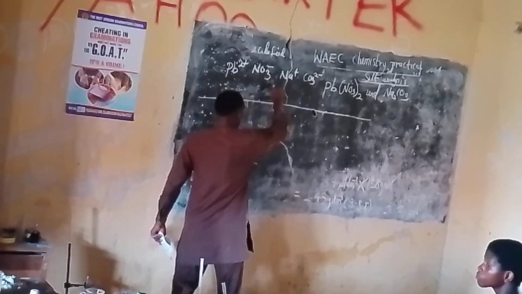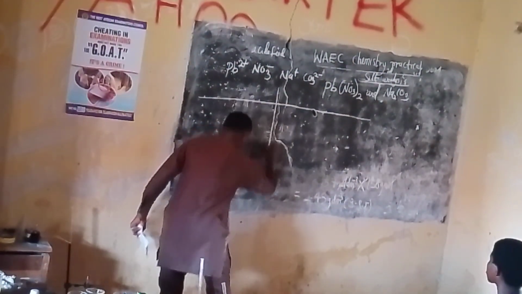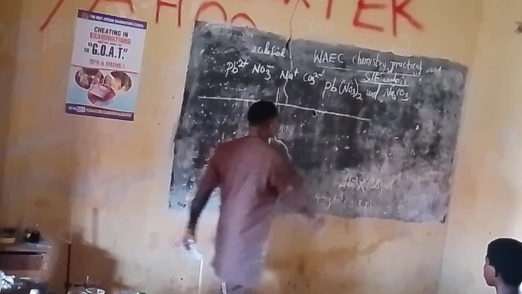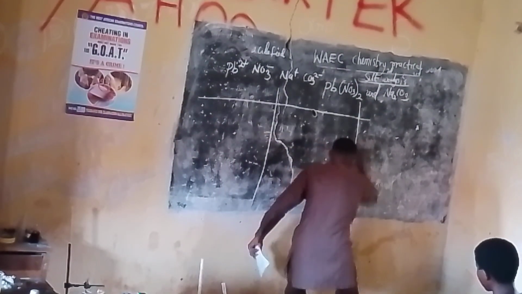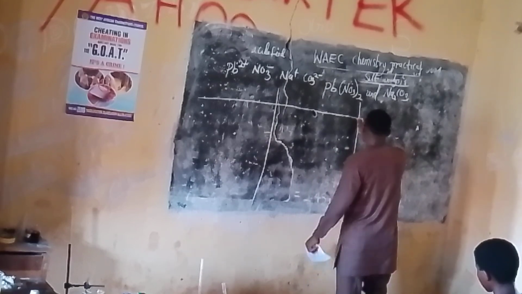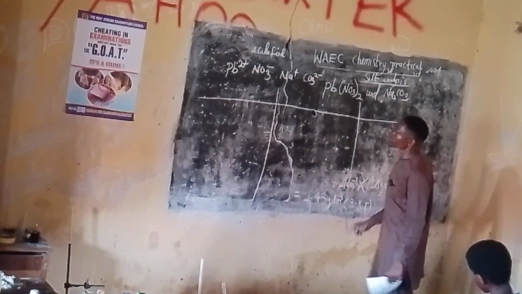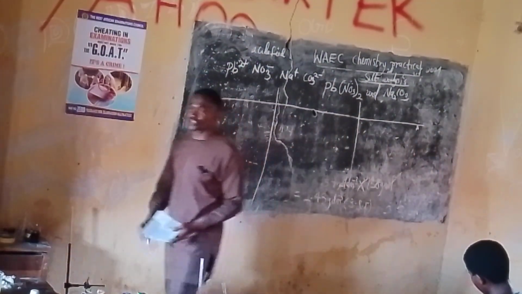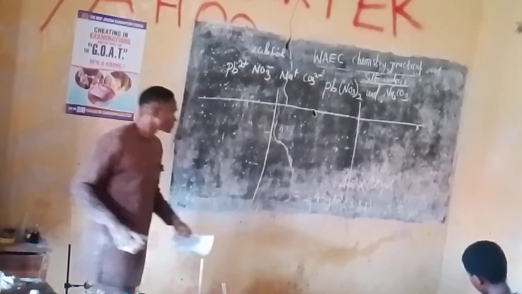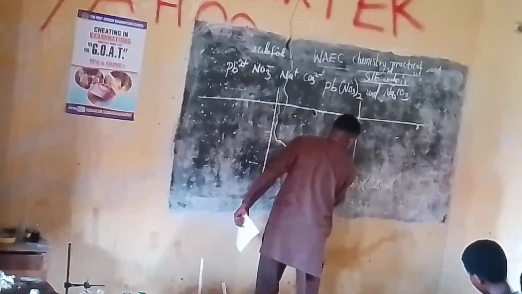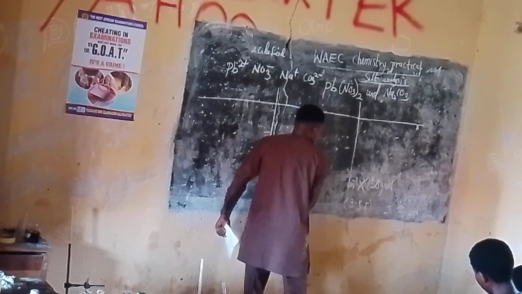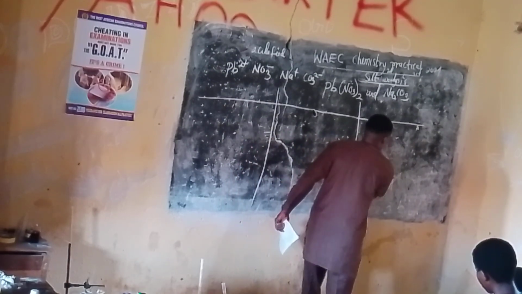So in the report, there are 3 columns. The first column is called the test column. The second column is called the observation column.